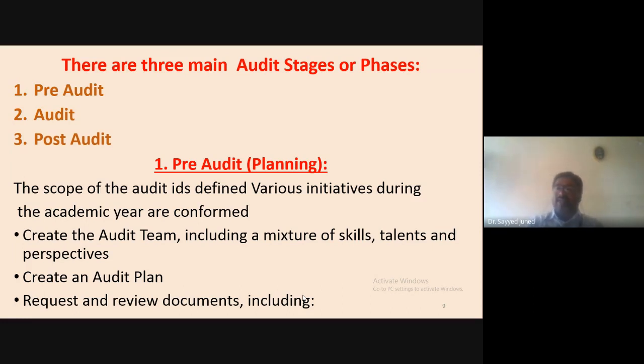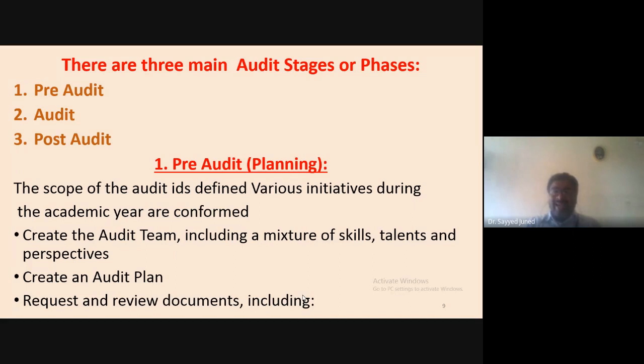For example, in academic year 2022-23, we are considering and evaluating some programs, for example plantation and afforestation. We are conducting a program at the college level or state level or any level. In this, we evaluate any program related to the environment, related to the green audit.